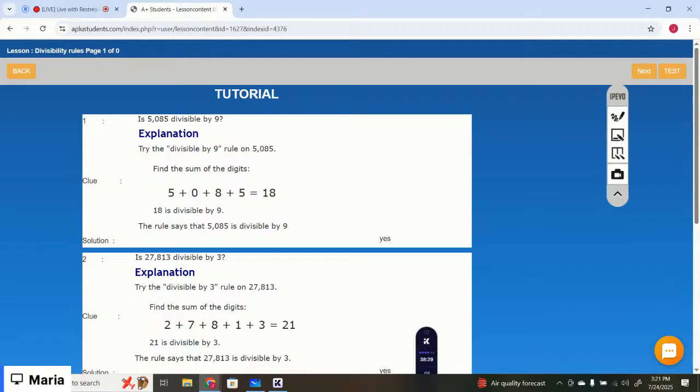So we need to use the divisibility rule. We're not going to divide, we are going to simply use the divisibility rule. The divisibility rule for 9 is that the sum of the digits must be divisible by 9. So just add all the digits.